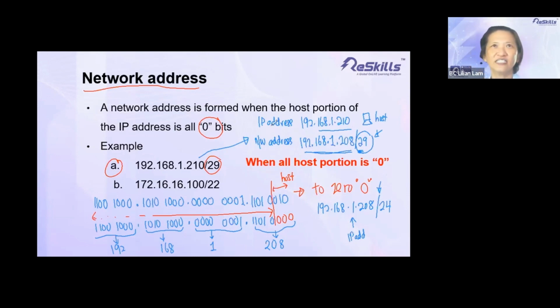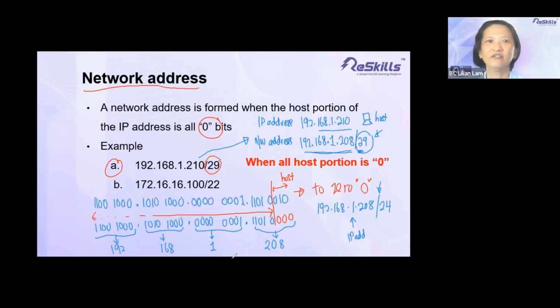Okay, so in this case, this IP address is residing in the network that is given by this network address 192.168.1.208. So what does that mean?